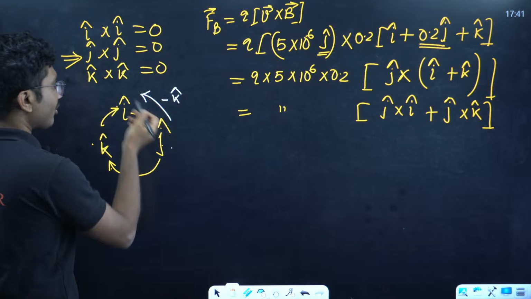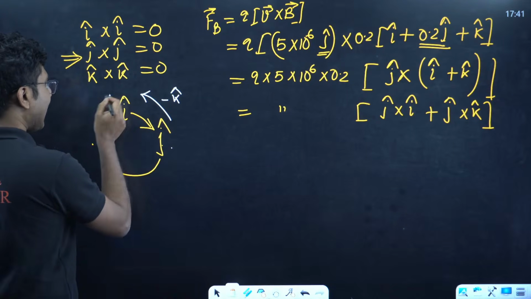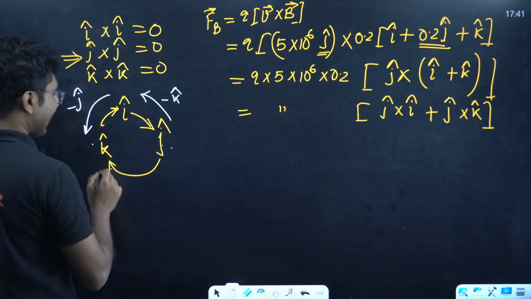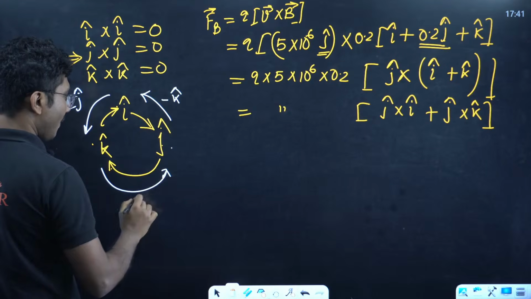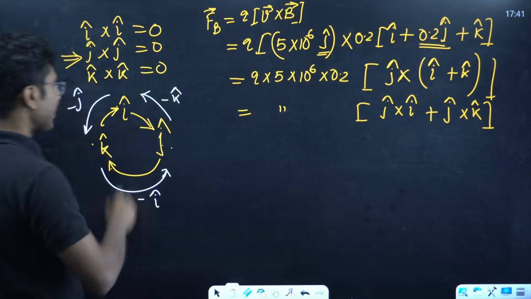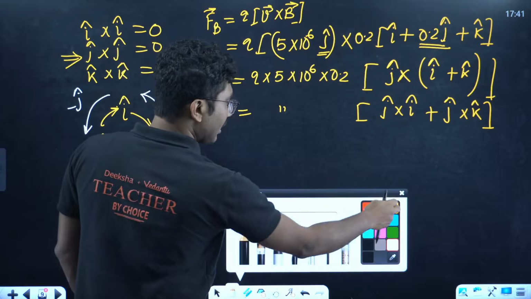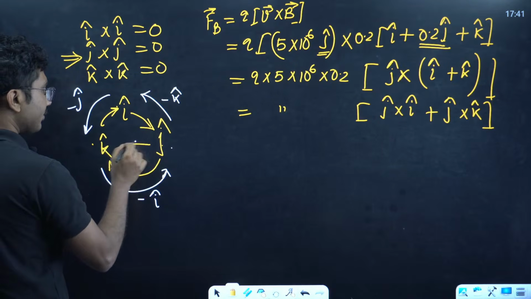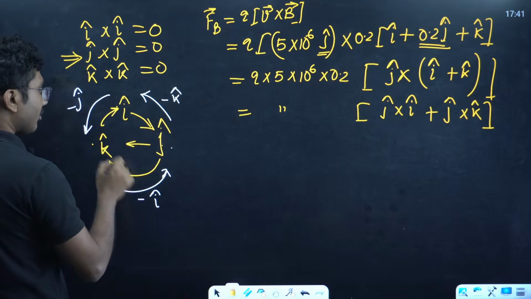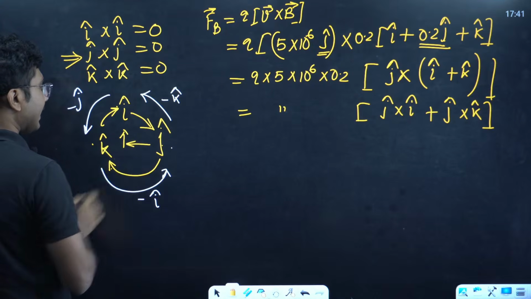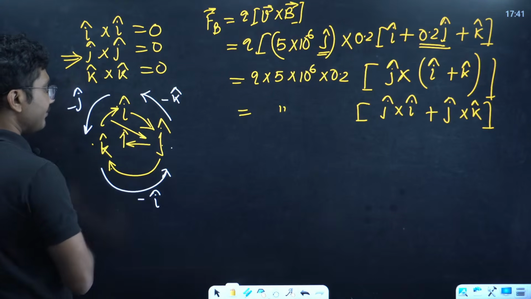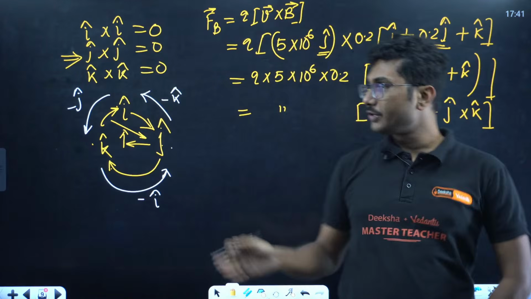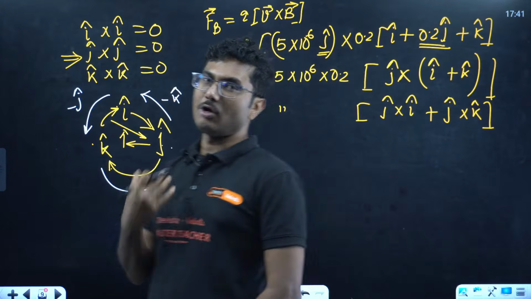So J cross I will give you minus K, I cross K will give you minus J, and K cross J will give you minus I. If you are going in the positive direction, everything is positive: I cross J gives you K, J cross K gives you I, and K cross I gives you J. In the negative direction, the sign will just be opposite.